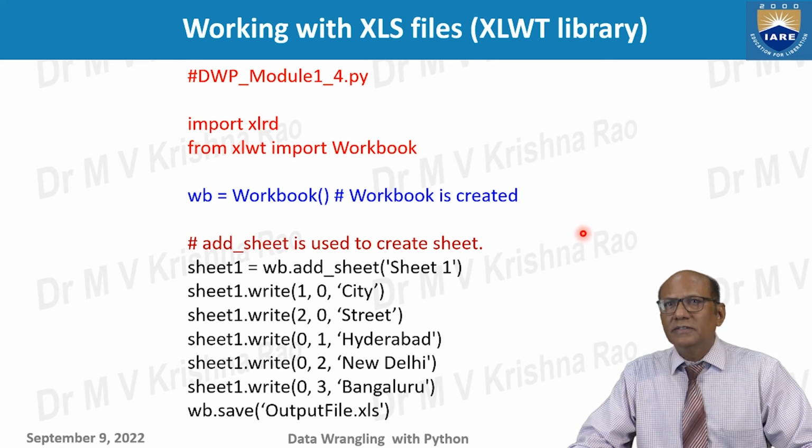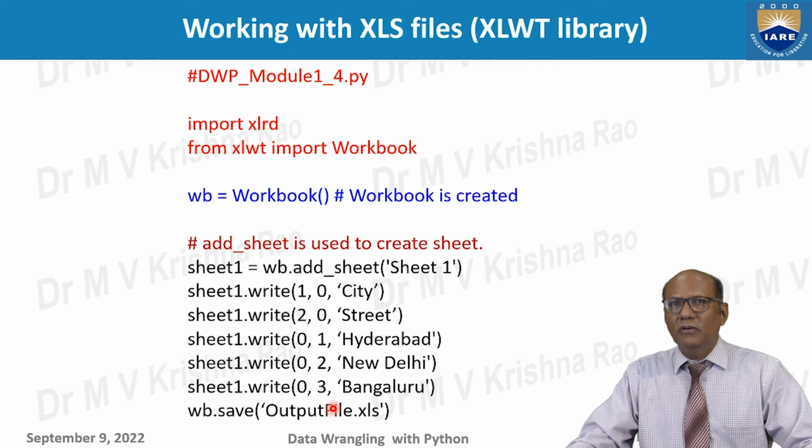First column, second column is city, third column is street. In the first column, 0th row is blank here, the first row is Hyderabad, second row is New Delhi, third row is Bangalore. It is stored in the output file. So you are saving this into this file.